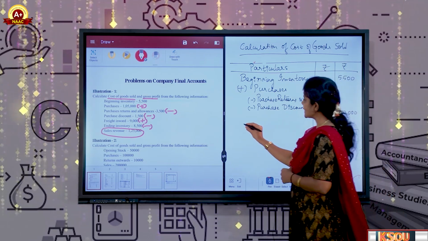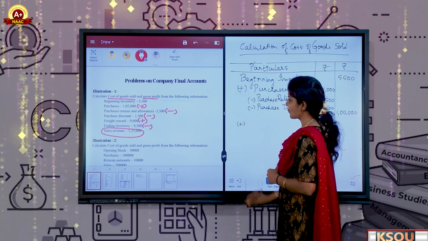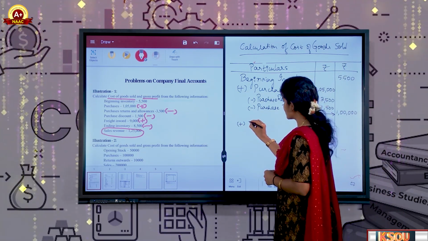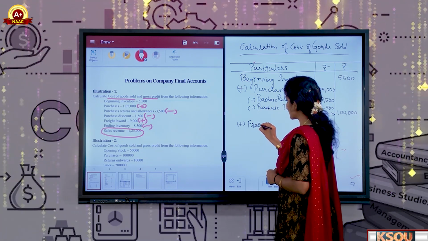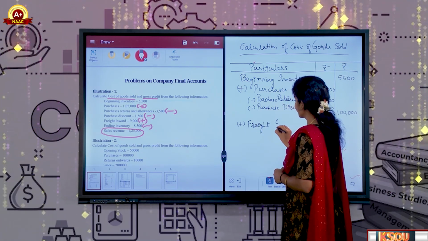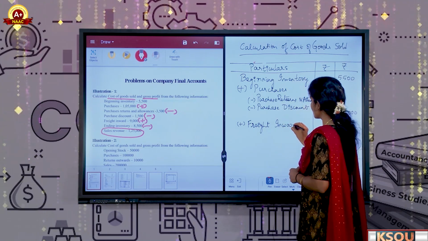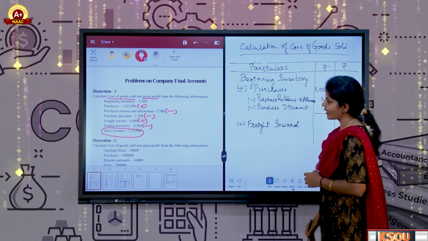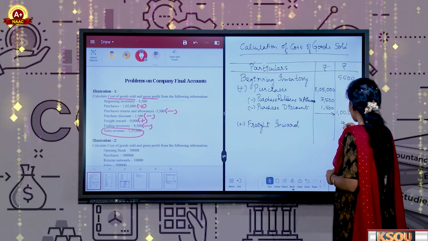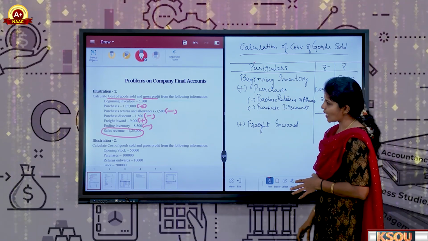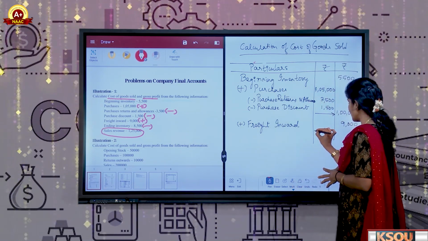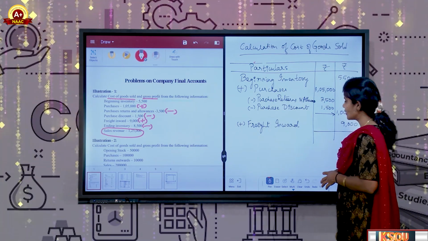Now if there are any direct expenses which can be added, there is only one direct expense, that is freight inward. So this freight inward is 9,000. There is no other adding expenditure or direct expenses.